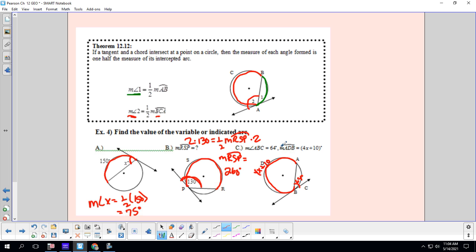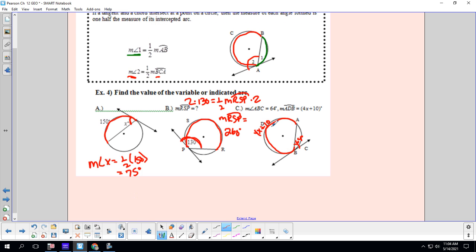So we need to solve for x. So let's take this arc here. If its angle is 64, then the measure of arc AB is 2 times 64, which is 128. So that is this arc here.